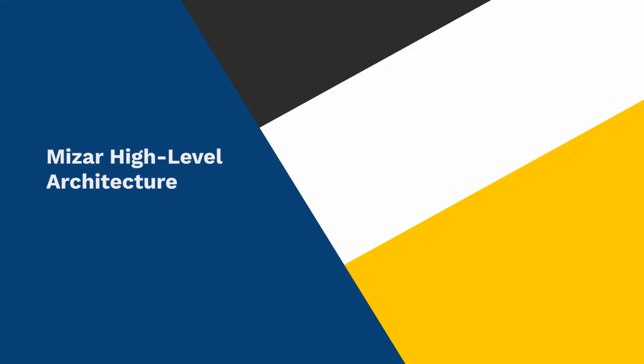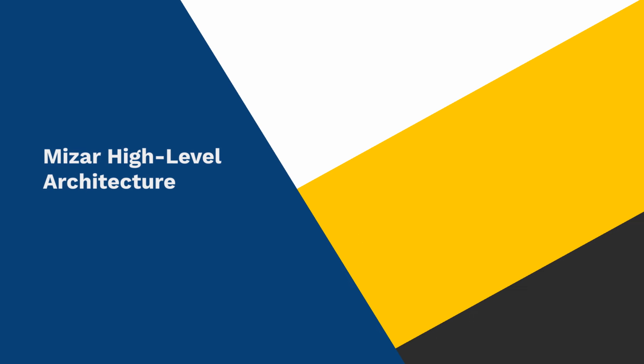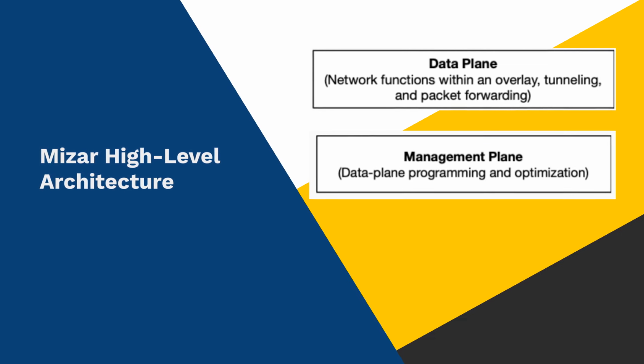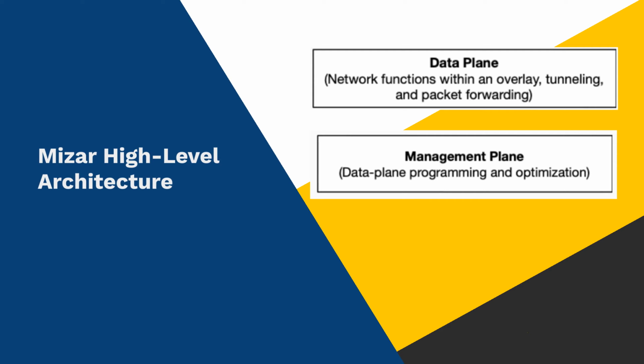There are two components to Mazar, the data plane and the management plane. Mazar's data plane provides a high performance and extensible packet processing pipeline and functions that achieve Mazar's functional, scale, and performance goals. Mazar's management plane is built for data plane programming and routing scalability.